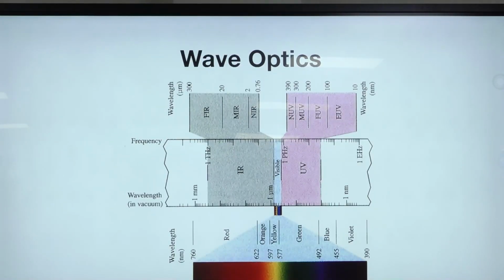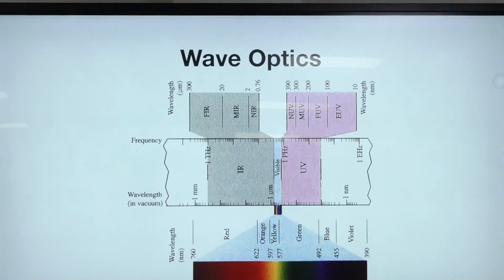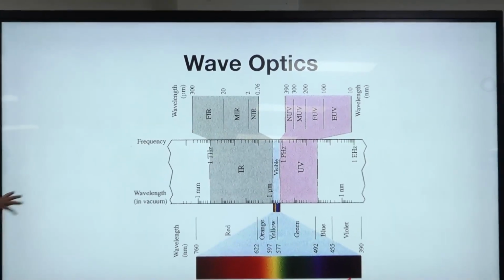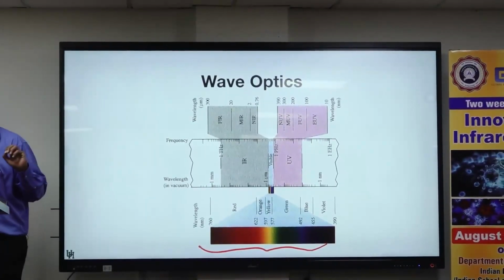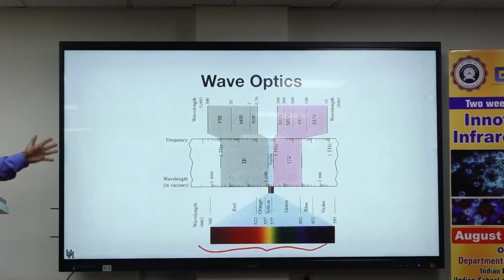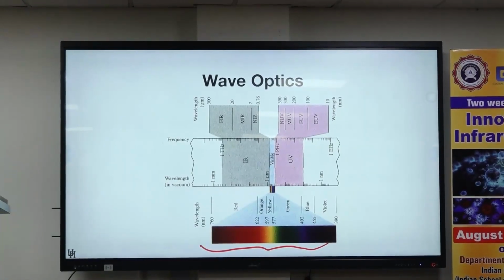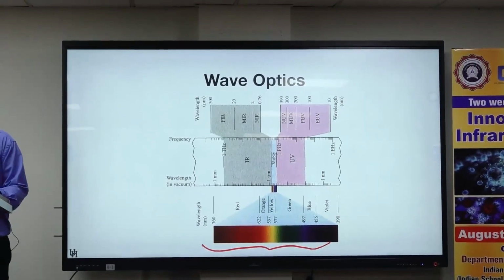Of course, you will have to build slightly different instruments and slightly different kinds of lenses and mirrors and so on. But whatever we learn for visible light will also be applicable to most of the electromagnetic spectrum as well.